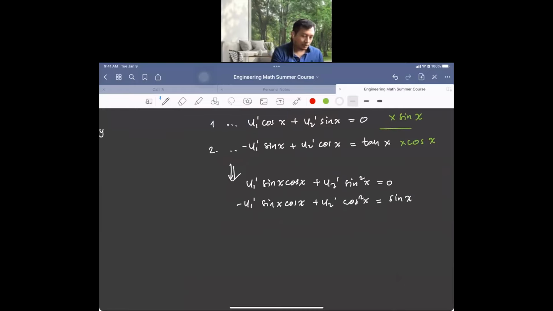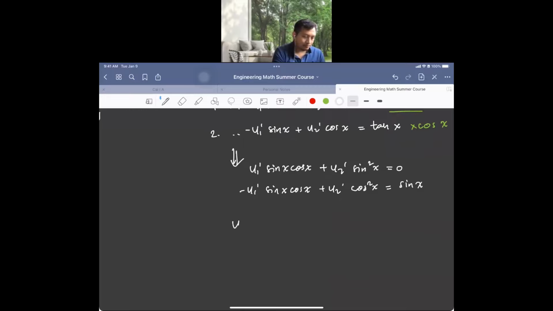And finally, we will see that u2 prime, if we add this, this will be sine x, and this will be canceling, right?